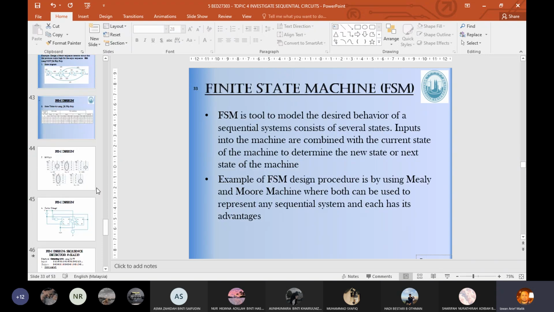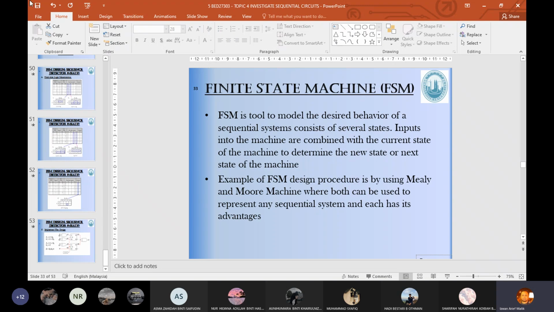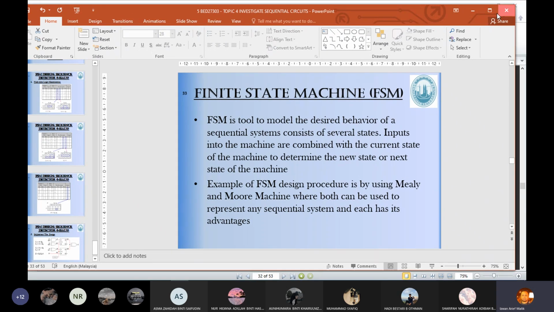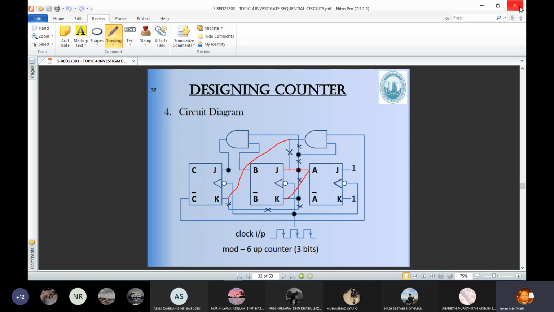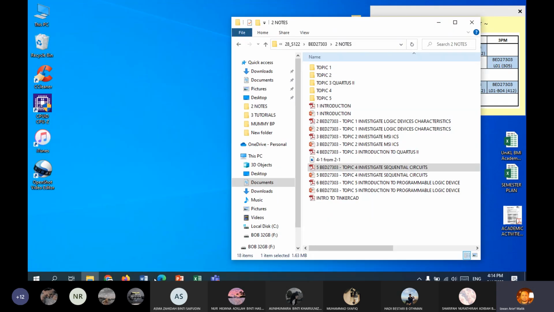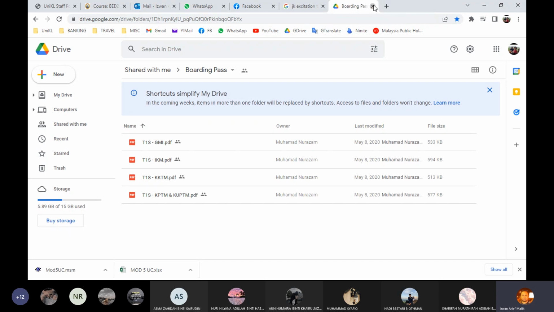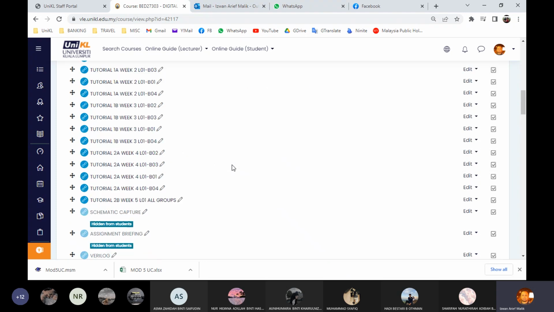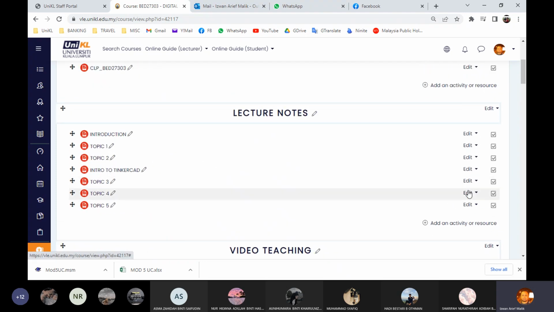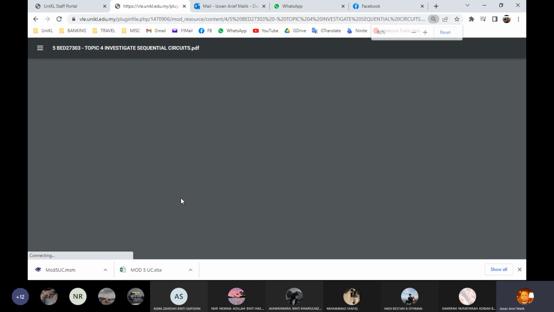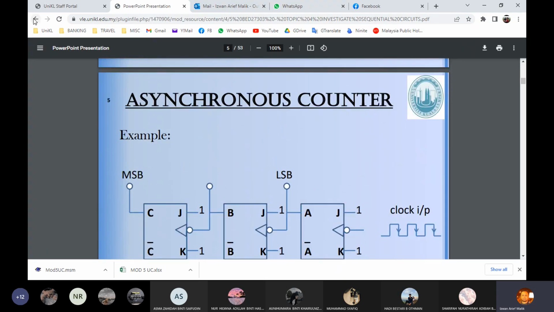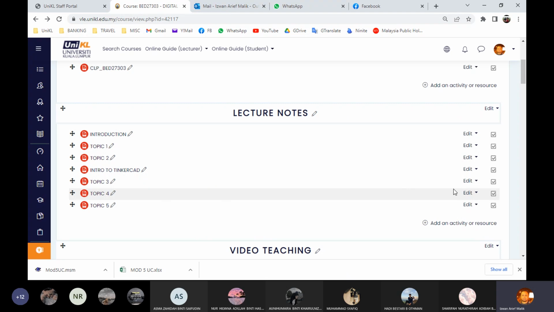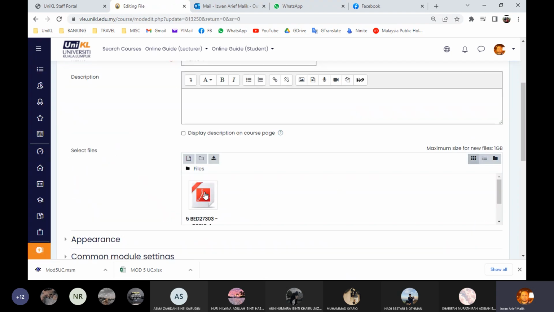Okay, and then kita akan masuk finishing machine. This is next week lah kita akan masuk. Okay, so that is the today's lecture. So let me change the notes first. Topic 4, topic 4 ke? Oh yes. So topic 4, I'll change the file to the latest one lah yang saya ubah tadi.